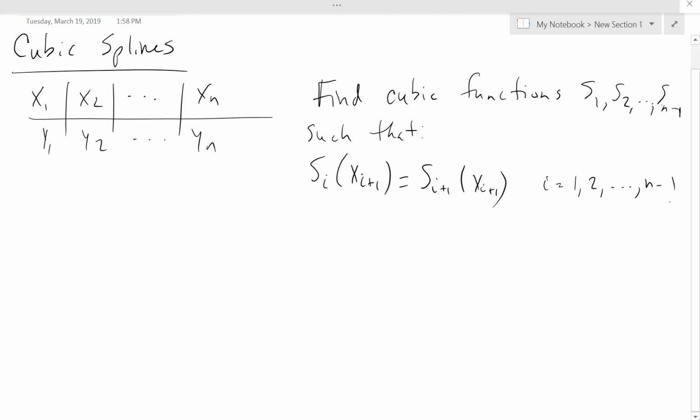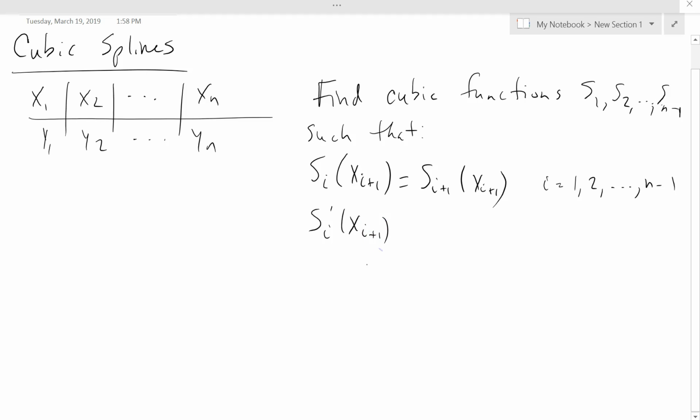N minus 1. Yeah, okay. So I want to make sure I'm at the last one. The last one matches by default at the last endpoint anyway. So yeah, n minus 1. I want to make sure that the derivatives match.